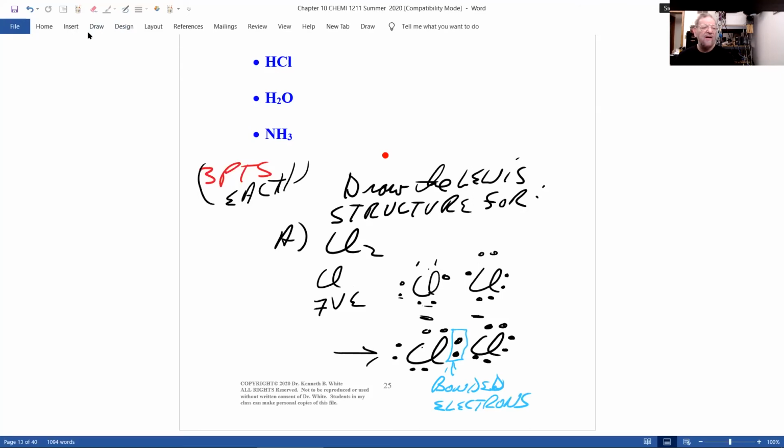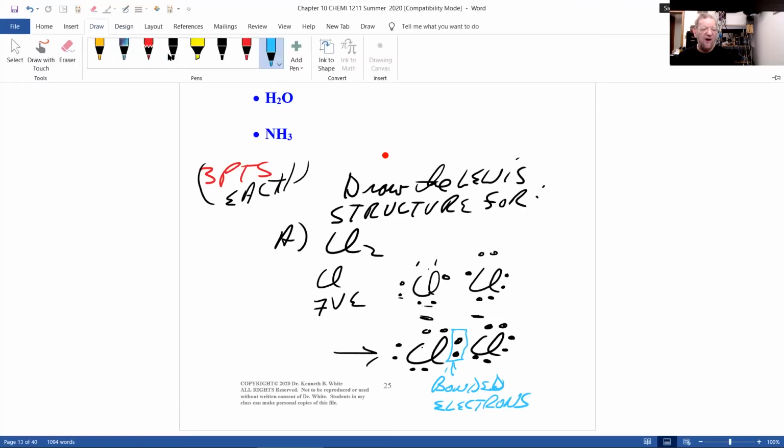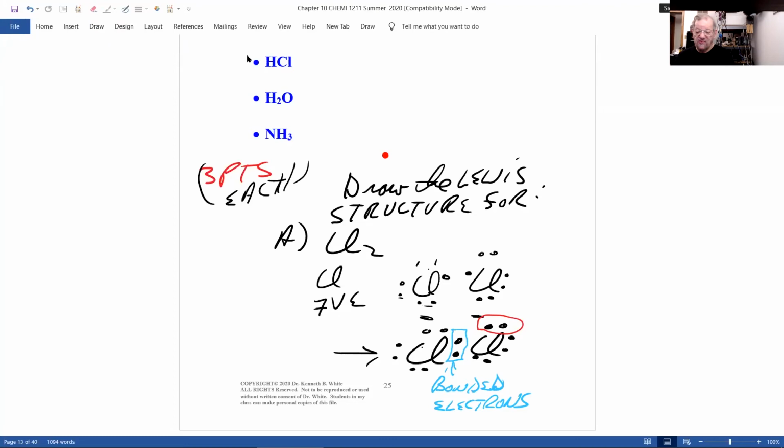And now, if we look, and I'm not going to circle all of them, the ones that are not involved in a chemical bond, covalent bond sharing, these are your non-bonding.